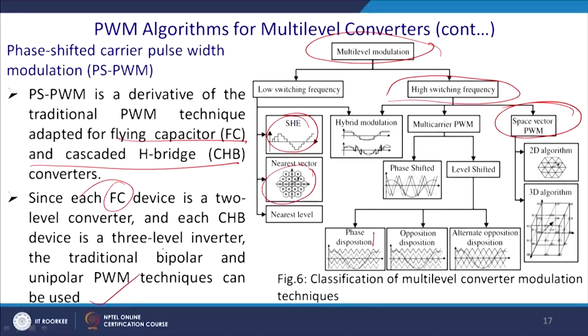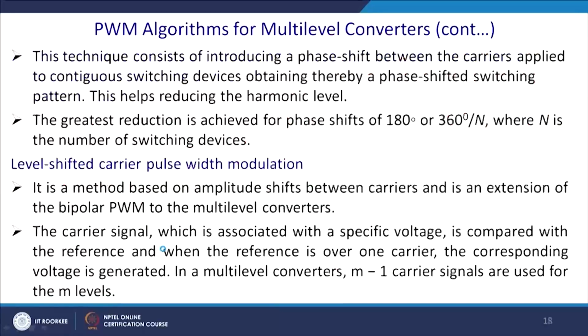So, this is the catch here. Apart from that, this technique consists of introducing a phase shift between the carriers applied to the contiguous switching devices, obtaining a phase shifted switching pattern that helps reduce the harmonic level. The greatest reduction is achieved when the phase shift is 180 degrees or 360 by n, where n is the number of levels, or number of switching devices.